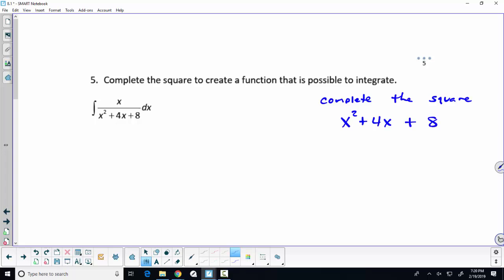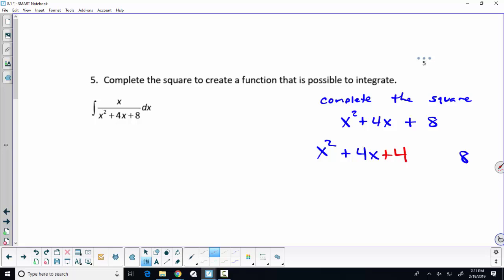Do y'all remember the process to do that? Isn't it 4x over 2 squared? It's 4 over 2, and then we square that value and add it to both sides. So you take this number and scoot it over. Take half of 4, which is 2, square that, add it here.